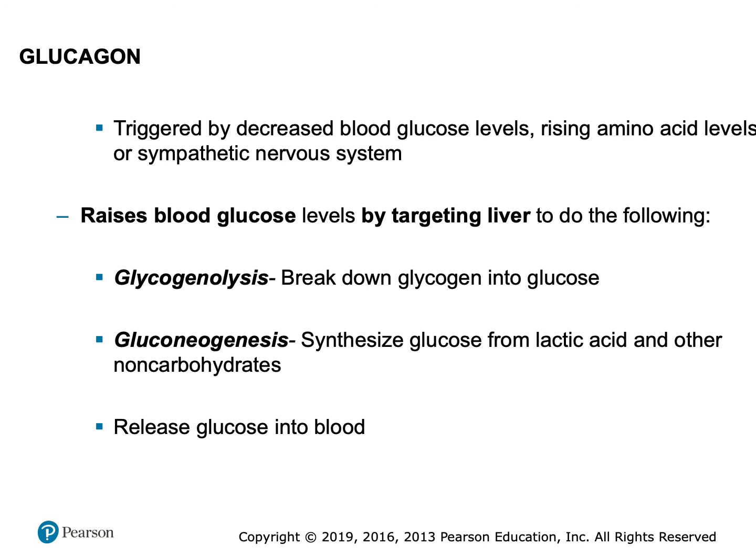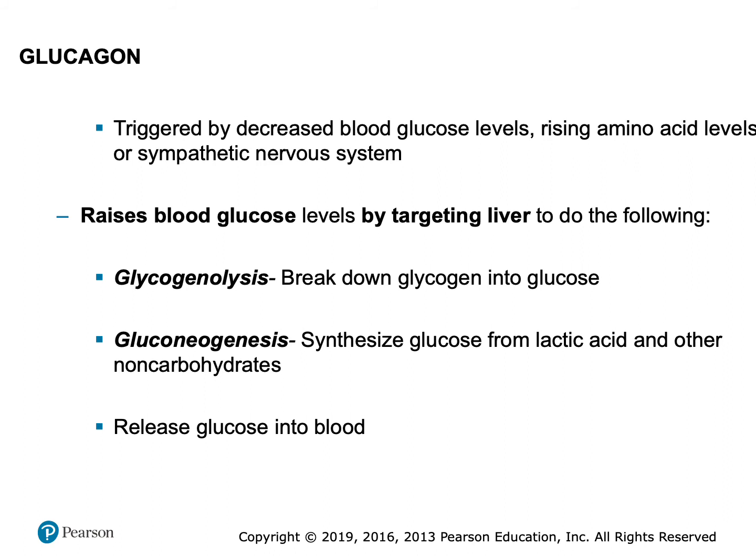I said you don't need all that sugar, so your body's going to store it as glycogen. The glucagon is going to go to the liver, and it's going to cause the liver to start breaking down the glycogen. Glycogenolysis. Remember, lysis is to break down. Also, if you don't have a lot of glycogen stores, it's going to use the amino acids and some fats to create glucose.